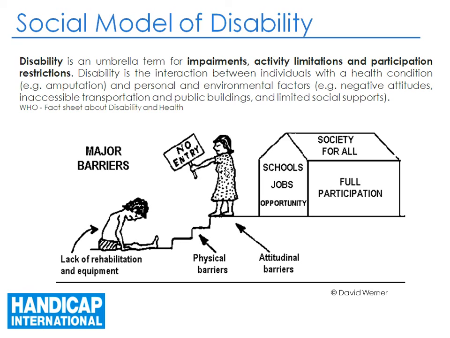Third type of barriers is attitude from the society, from the community, that would tend to isolate people with disabilities. So: no entry, you are not welcome, we don't know you, we are scared of you, we don't want to include you in our society. So that's a drawing that shows what the definition is about.